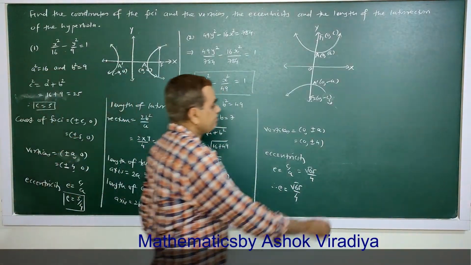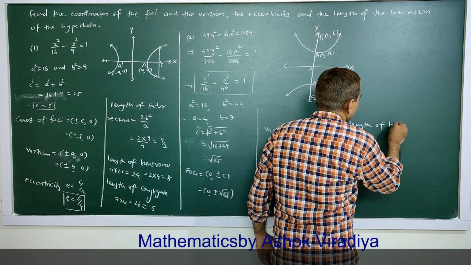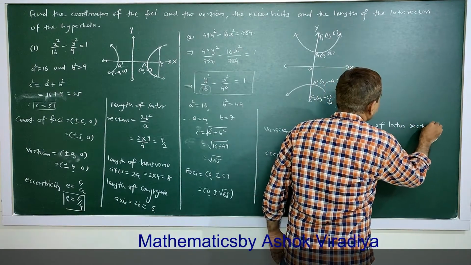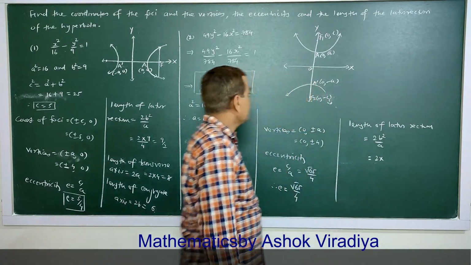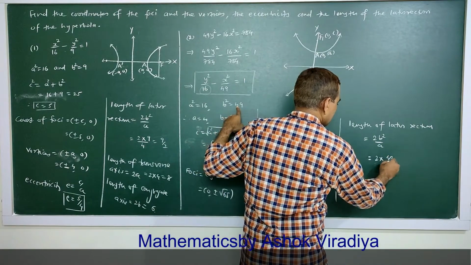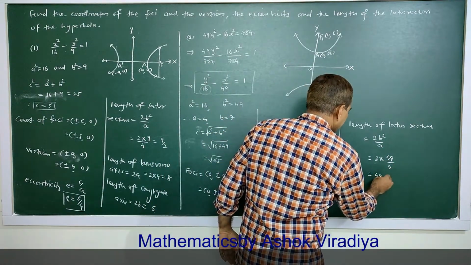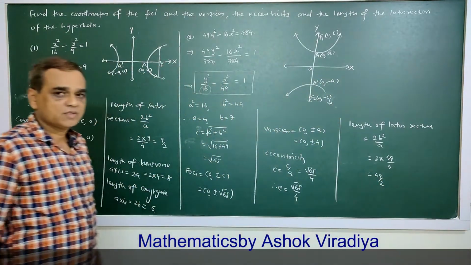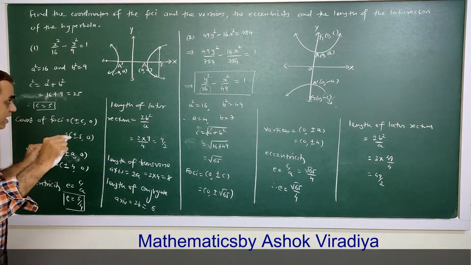Length of latus rectum is 2b square by A. Here b square is 49 and A is 4, so this is 49 by 2. Remember, in case of hyperbola, which value are we taking as A square?